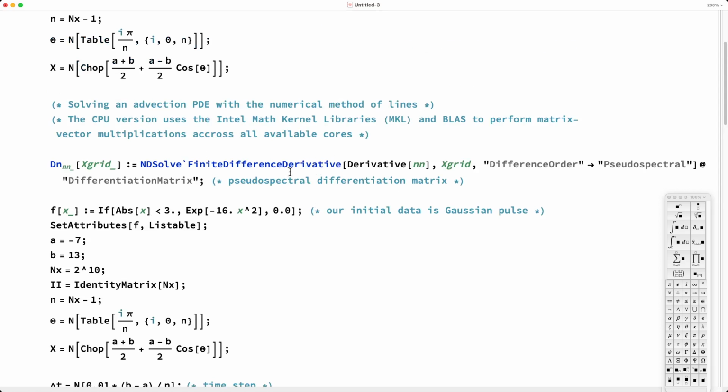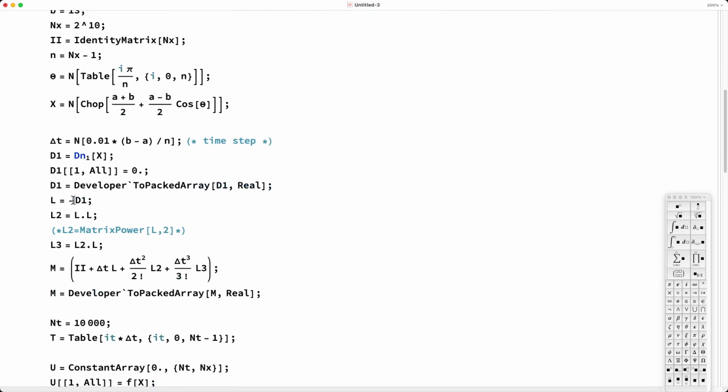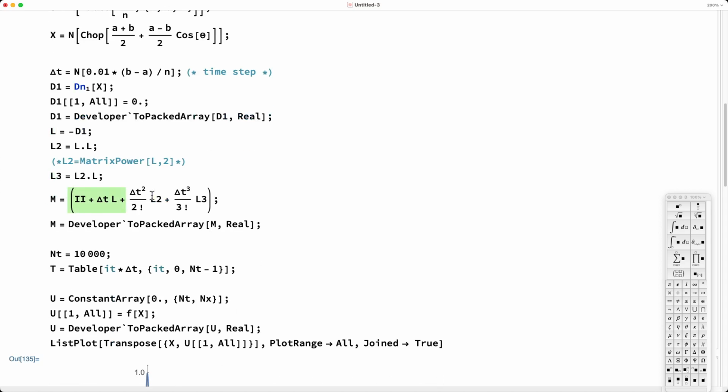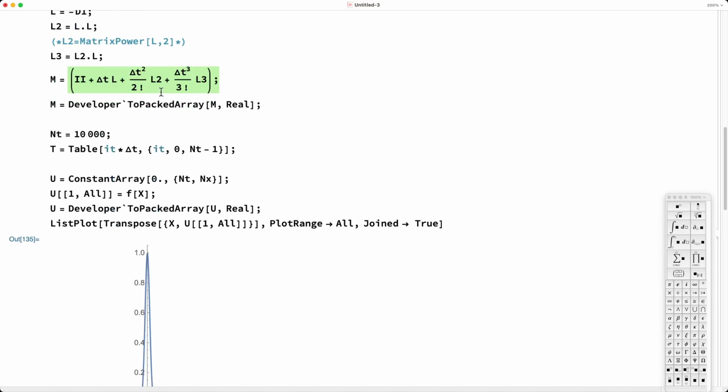So that's not the dominant source of error. This spatial differentiation comes through the matrix D1, which comes into L, which comes into M. It's already been factored into M, this numerical operation.